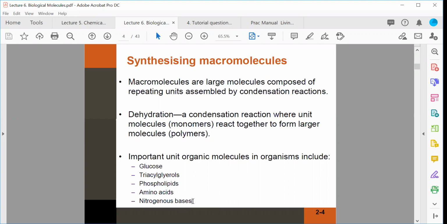You probably won't know this one unless you've studied some biochemistry or even biology, if you've studied biology in BCE. All right, nitrogenous bases basically make up or are part of the monomers that make up DNA and RNA, which are our nucleic acids.